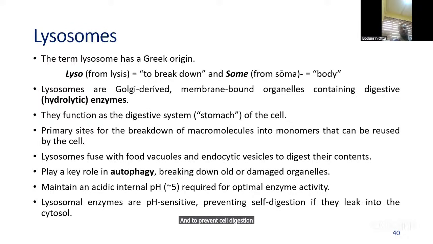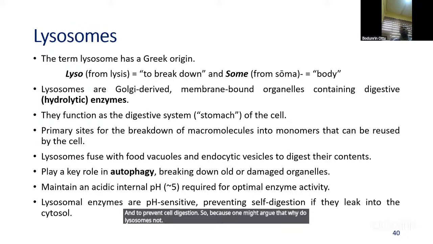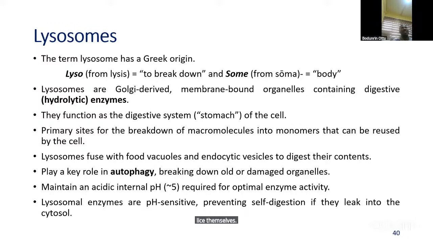One might argue, why do lysosomes not lyse themselves? Because their pH of 5 is only within lysosomes, so they don't leak into the cytosol.